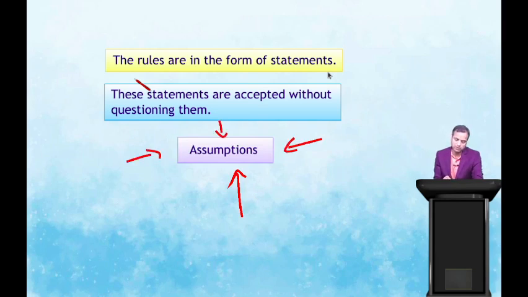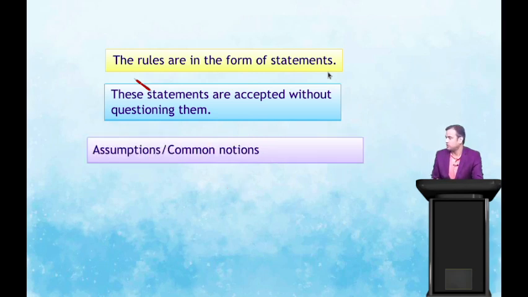So I think now you know about assumptions, which are also known as common notions or universal truths. These are the statements which we have to accept without any question.